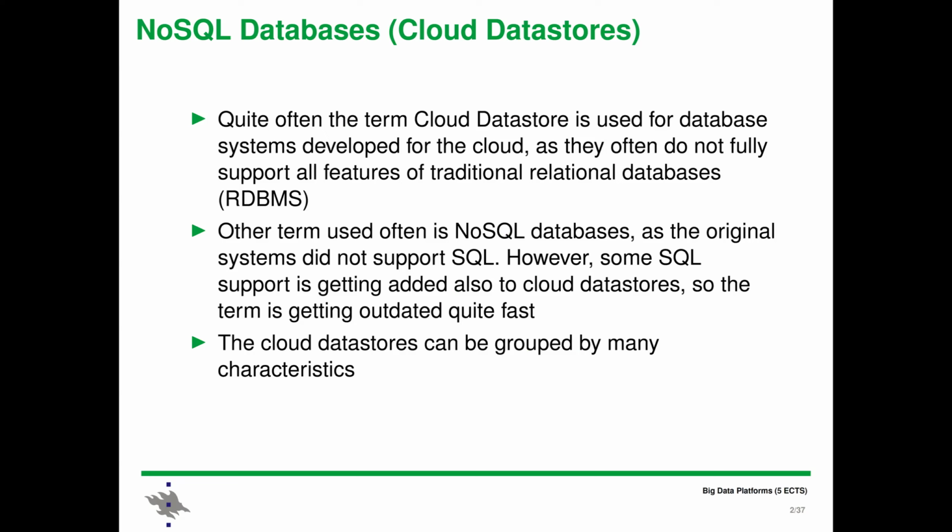These cloud data stores are not a single kind of thing. Rather, they are a very large collection of different kinds of data stores or databases, and thus they can be grouped by many different characteristics.